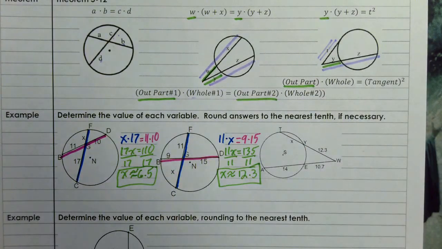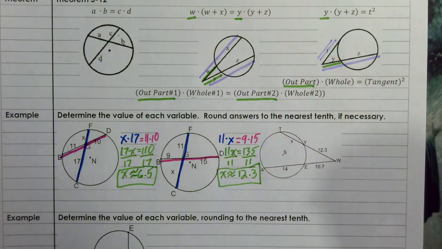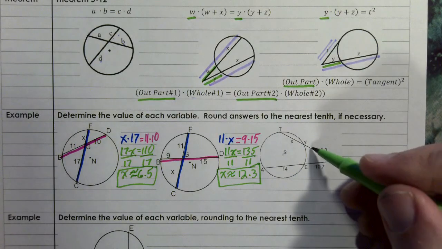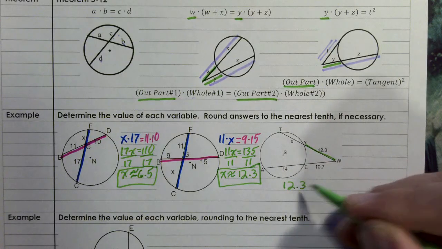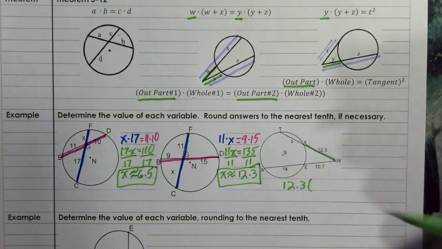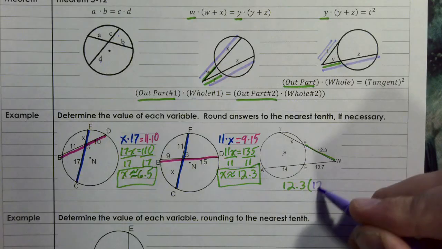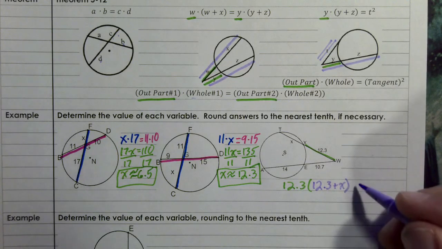Over here on this one, we've got to do some of this outer part and then whole thing. If I do my outer part here, that is the 12.3. So 12.3 multiplied by that whole thing. The whole thing is going to be our 12.3 plus x.